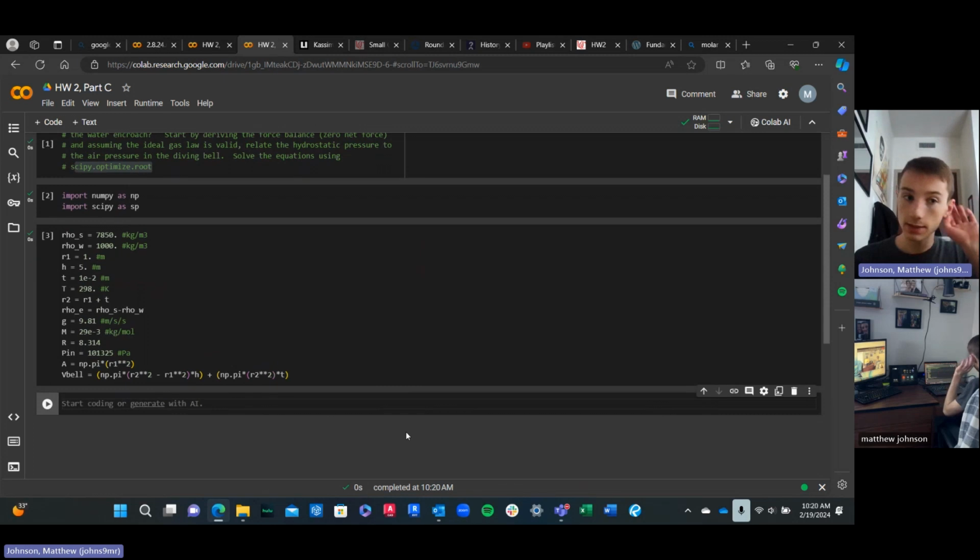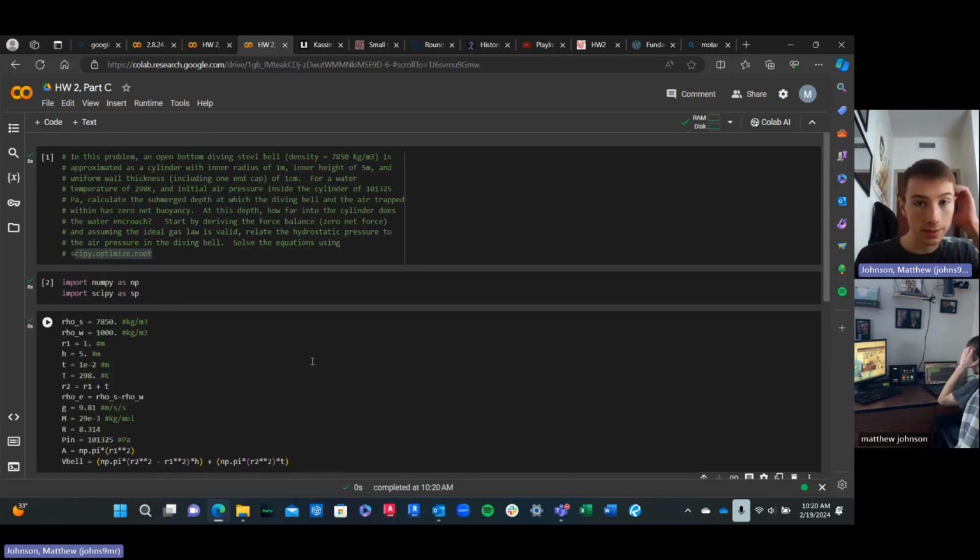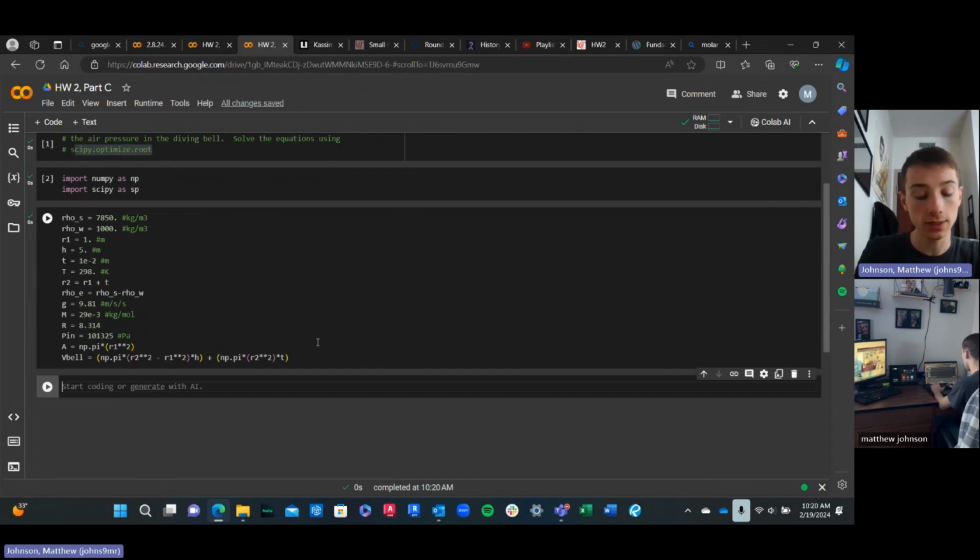Okay, so now we can start solving this problem. The scipy.optimize.root function requires us to input a function that it needs to find the root of, and then a guess for that function. So let's come up with that function first.